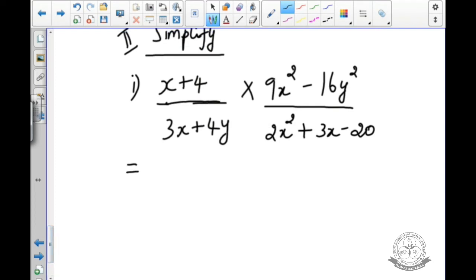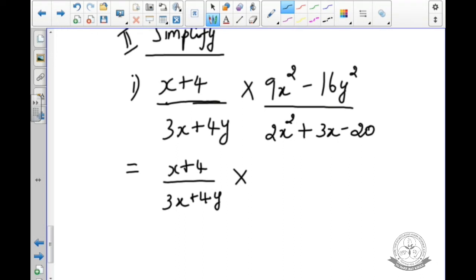So here also I could see the first numerator only I am having x plus 4. Here we can't do anything. So I just write the term alone x plus 4 by, in the denominator also I can't do anything. I can't reduce the term, so I just write the same term into, but here you can see this one is in the form of a square minus b square.